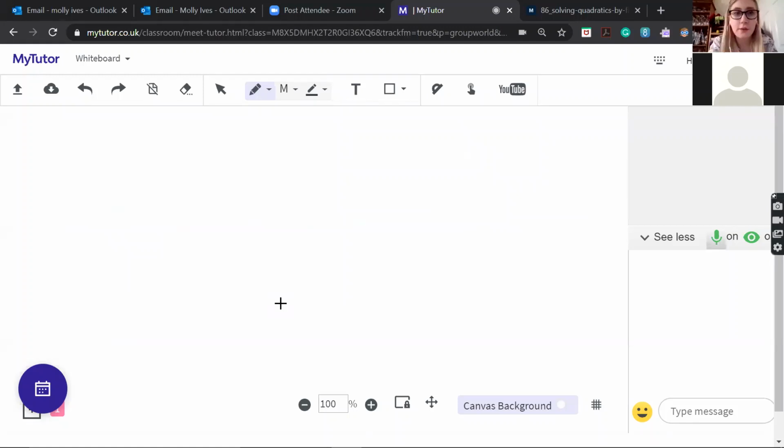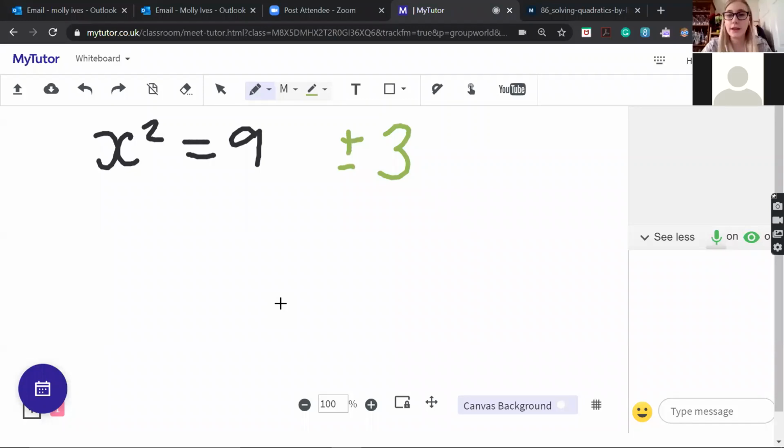So for example, a really simple example would be x squared equals 9. For this, the immediate thing that you might think is 3, which is correct, but it will actually be plus or minus 3, because 3 squared is 9 and minus 3 squared is 9. And if we want to think about this graphically, we've got our x squared curve, so I can draw that here.